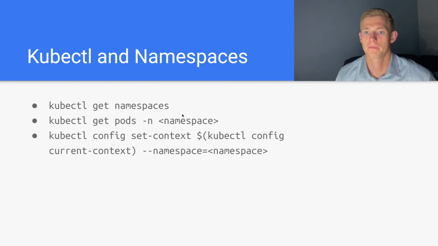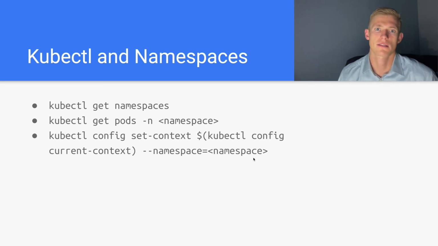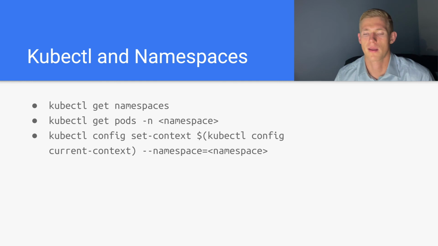We can just set the kubectl context, and this little subcommand here gets the current context, and we just append the namespace that is desired at the end, and that will allow us to go ahead and reference resources within our namespace without specifying that namespace.